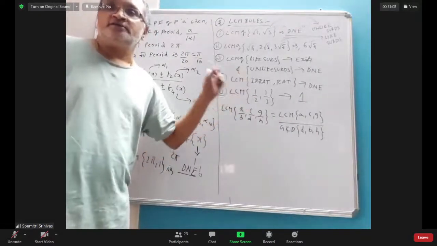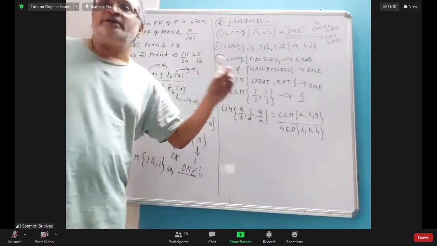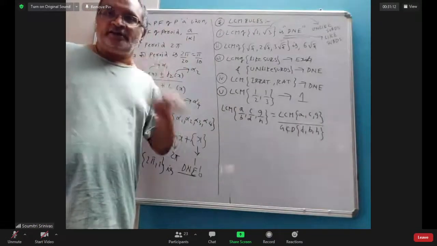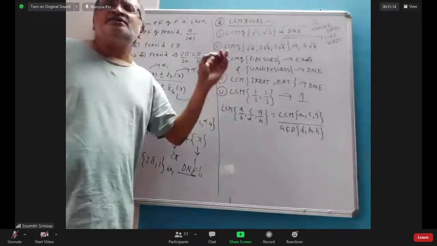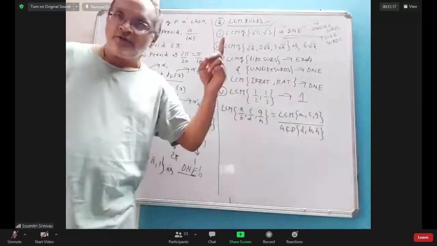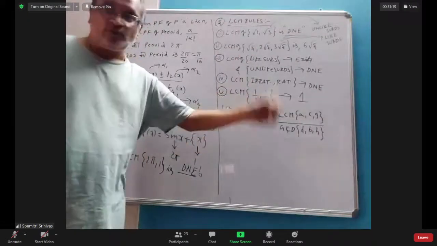LCM of numerators 1, 1 is 1. GCD of denominators 2 and 3 is 1. So 1 by 1 is 1.